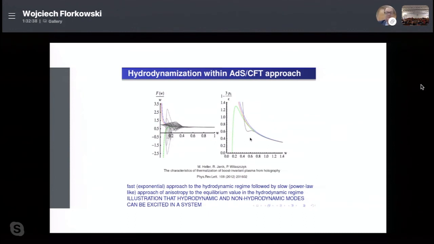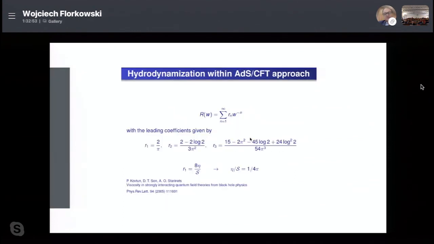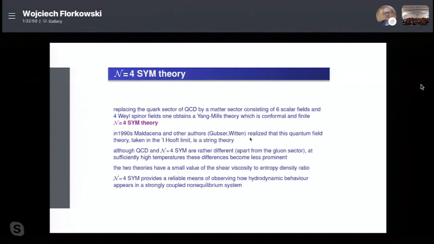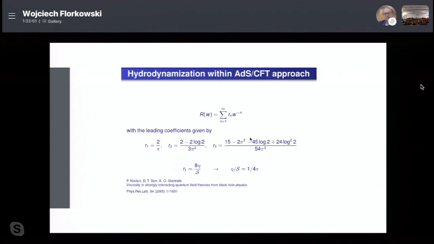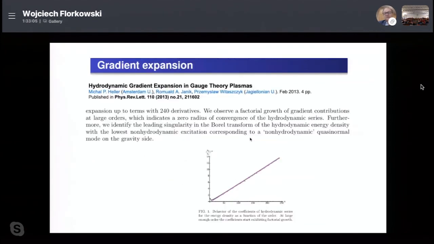But the guys did more interesting things. Those who studied this hydrodynamic behavior found that if you make this expansion in terms of w, if you study such a series, then these coefficients grow faster than n factorial. So this gradient expansion is not convergent, it is an asymptotic series.